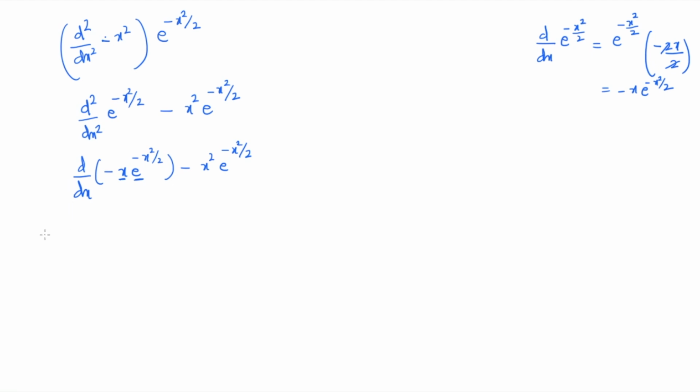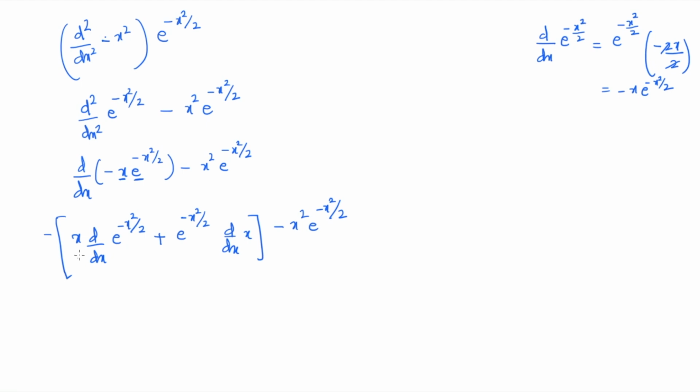So negative sign I'm taking outside, and when you solve this, you are not going to differentiate x, you are going to differentiate e to the power minus x square by 2, and then plus, you are not going to differentiate e to the power minus x square by 2, and you are going to differentiate x, okay, and minus x square e to the power minus x square by 2 is as it is.